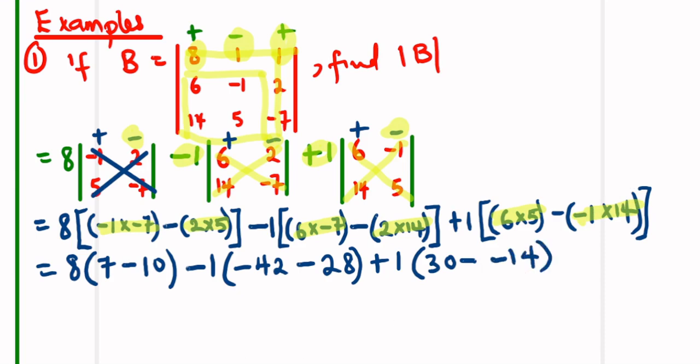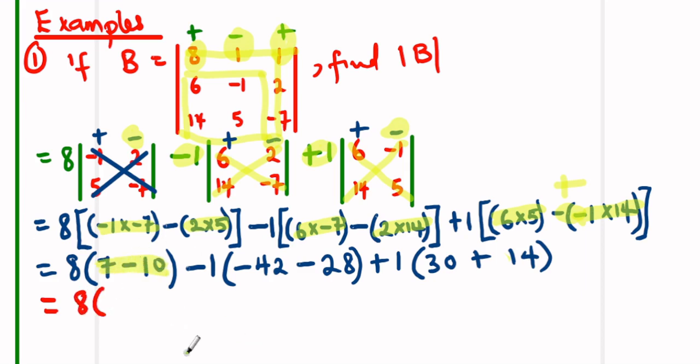But let's not forget to have minus times minus here. Minus times minus gives us plus. So I'm going to remove the minus and put a plus sign there. Remember, this minus and minus gives us a plus sign. So now let's simplify further. So now we have 8 in a bracket.